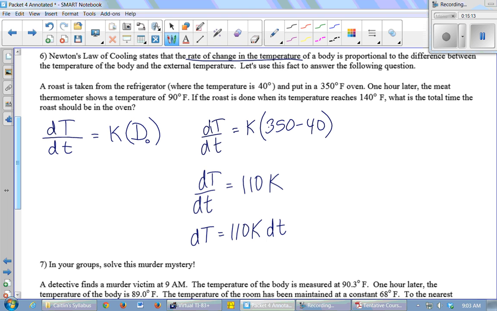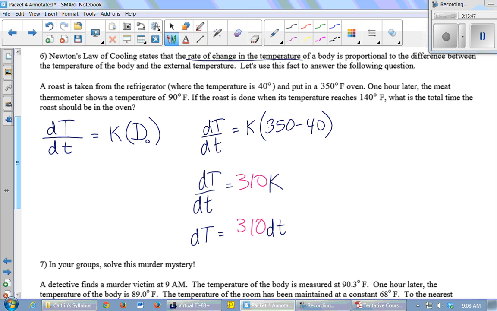K represents like an insulation factor. There are ovens that are advertised right now that can boil water in 90 seconds, but some older ovens or a Bunsen burner can't do that.